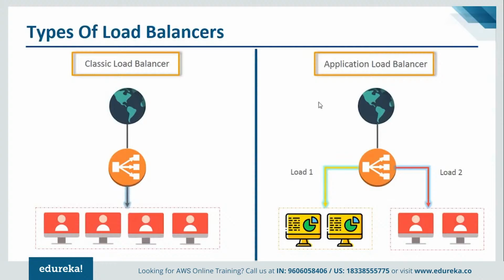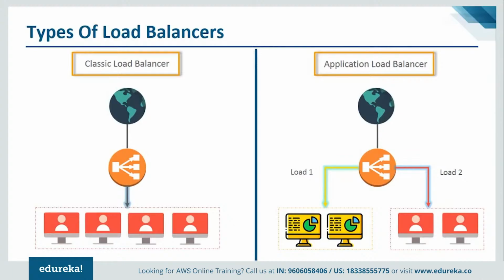If you compare it with the classic load balancer, it does not have that kind of intelligence, right? What it will do is basically all the traffic that has come in, it will equally distribute among the number of servers that are under it. All right, but with application load balancer, you have this option wherein you can divide the traffic according to the needs of the customers.